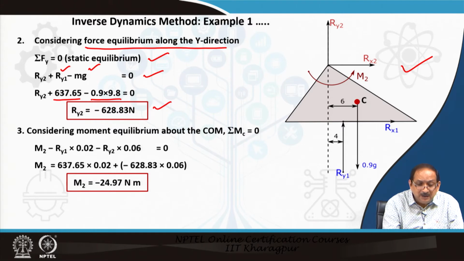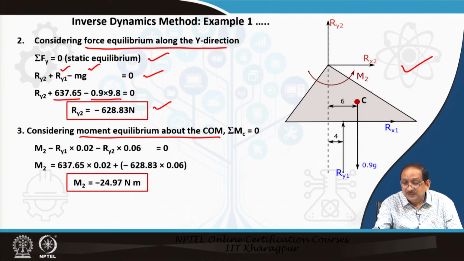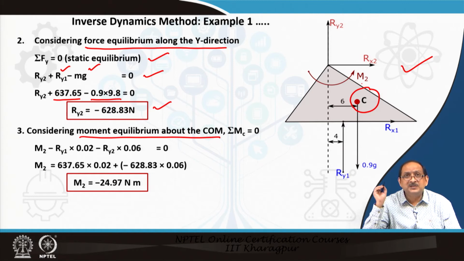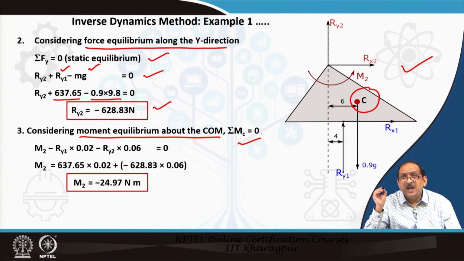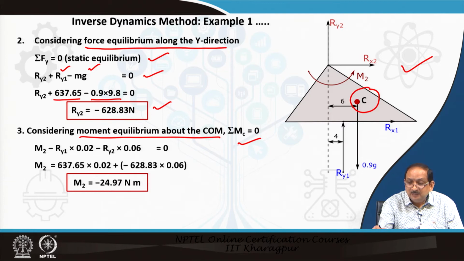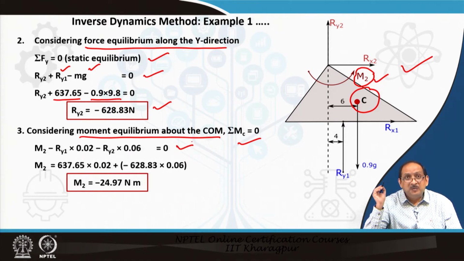Okay. So, the third step is by considering moment equilibrium about the COM, that is C. So, we consider the sum of the moments about the center of mass of the foot and we calculate M2. We first form the equation of the moment.